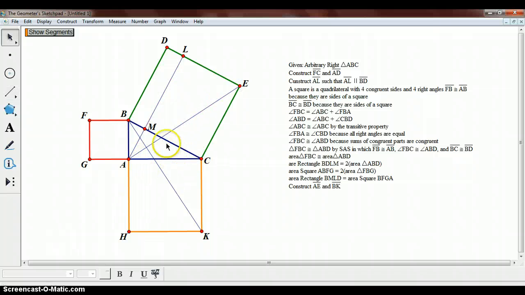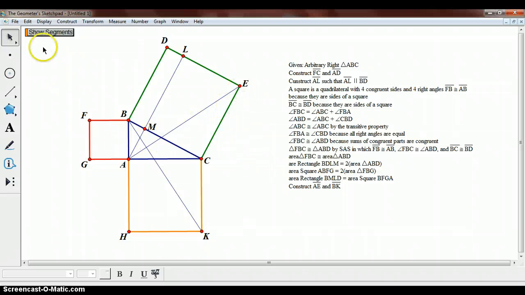We will now attempt to show that triangle BCK is congruent to triangle ACE. We will do this much like we did in the first part of our proof, in which BC is congruent to CE because they are sides of the same square.